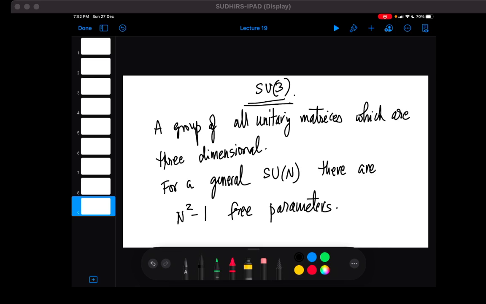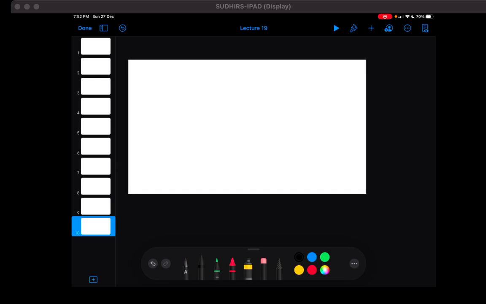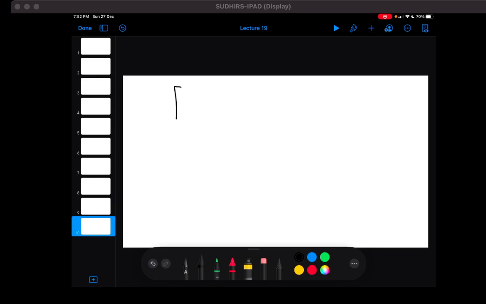You can check this by taking an n by n unitary complex matrix. So how many parameters do you have? There will be 2 n square real parameters.